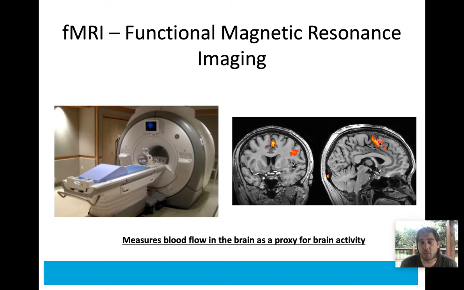What does that have to do with brain activity? Well, just like any other area of your body, when a piece of your body is active, it metabolizes nutrients and it creates waste. And the way that your body brings more nutrients to that area of the body and takes away the waste is through the circulatory system, blood flow, right? Imagine that you're doing bicep curls, right? You're working out. What happens to your biceps? Right?